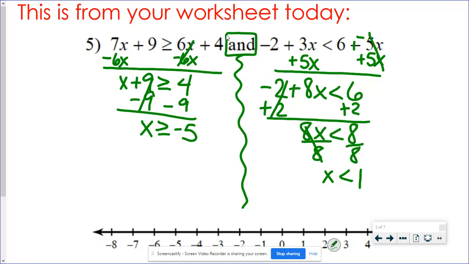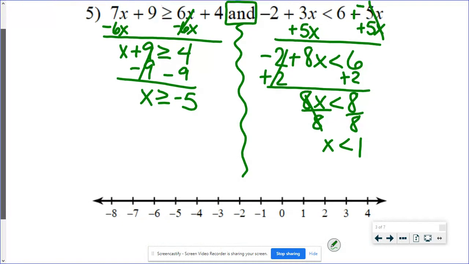Okay, and again, remember, this is where we are looking at probably getting a middle section. So from my first problem, I knew that it was going to be starting at negative 5 with a filled in circle, and I know that it's a greater than, so it's going to be going this way. For the second problem, the right-hand problem, we would start at positive 1, but it'll be an open circle, and it's going to the left.